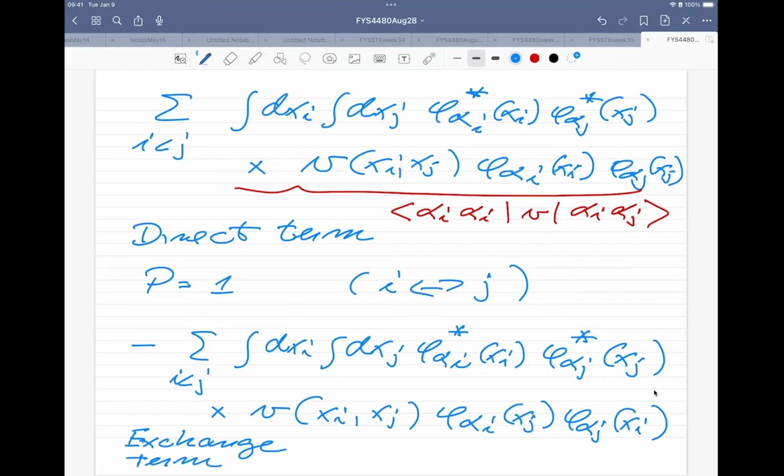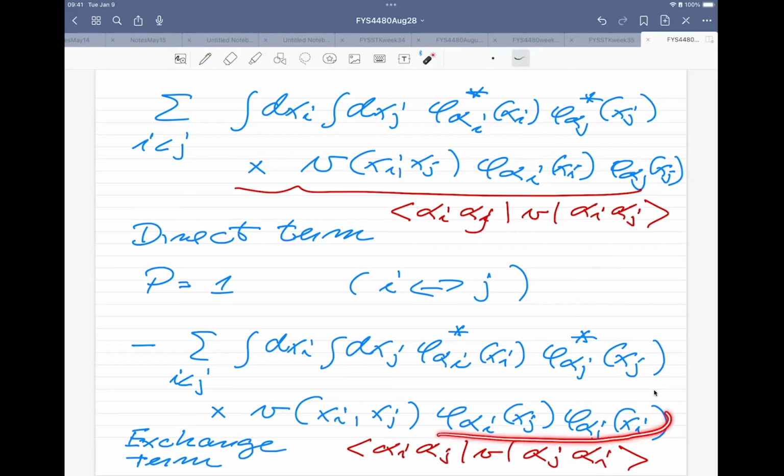And we labeled this one last time as an alpha i, alpha j, oh sorry, there's a j here, and a v alpha j, alpha i. So if you still insist on the ordering that this is the first particle and this is the second one, you see now that we have interchanged the quantum numbers, as you can see in this expression here, because now xj has been flipped with xi.